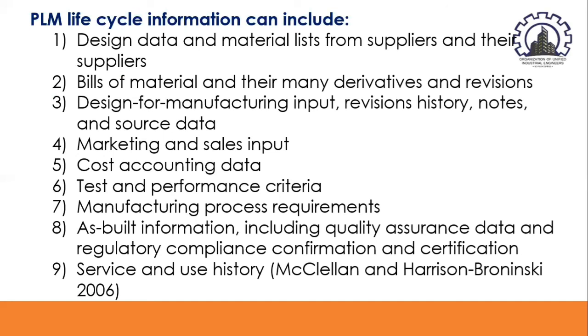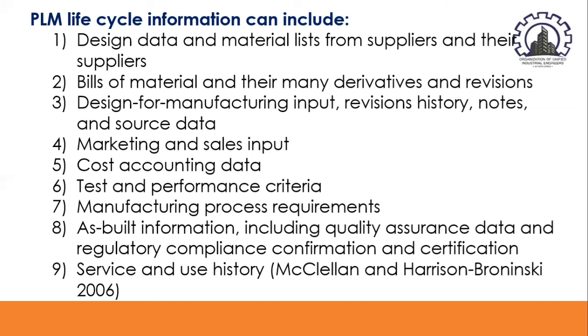We have design for manufacturing input, revision history, notes, and source data. We also have marketing and sales input, cost accounting data, test and performance criteria, manufacturing process requirements, as-built information, including quality assurance data and regulatory compliance confirmation and certification. And finally, it also includes service and use history.